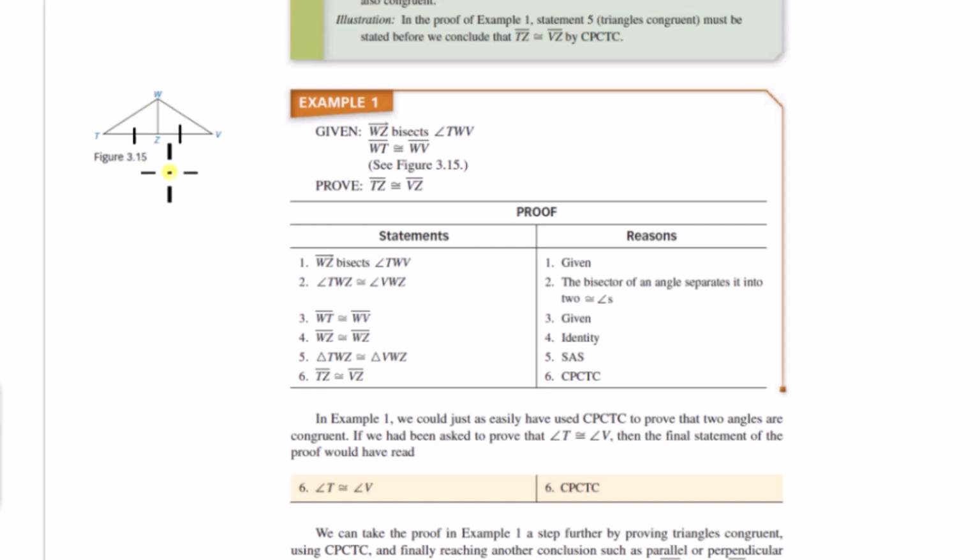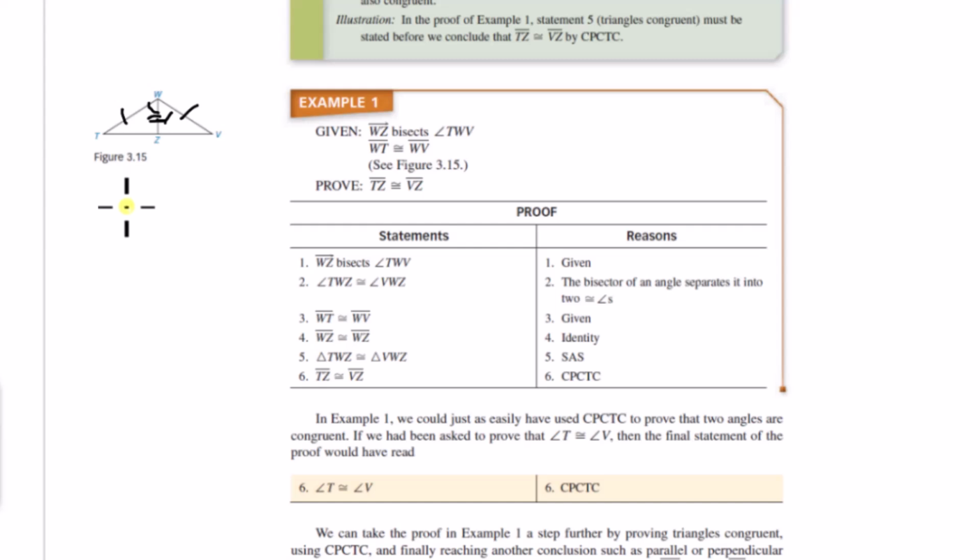Informally, in the previous example problems, we could have stated this easily once we learned how to use the congruence postulates. So WZ bisects TV, WT is congruent to WV, these are the same, side angle side, the two triangles are congruent.